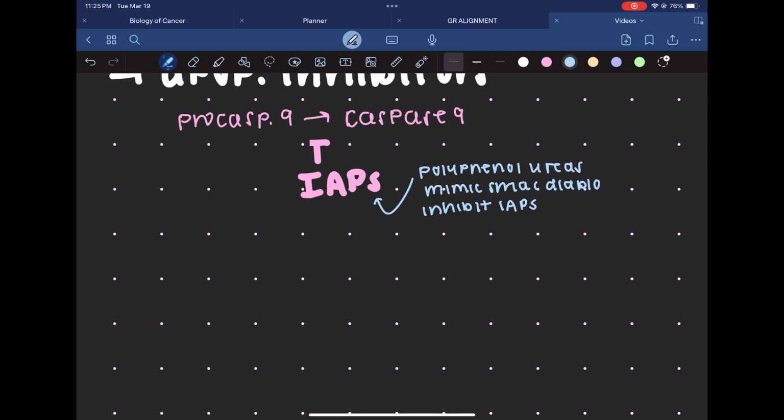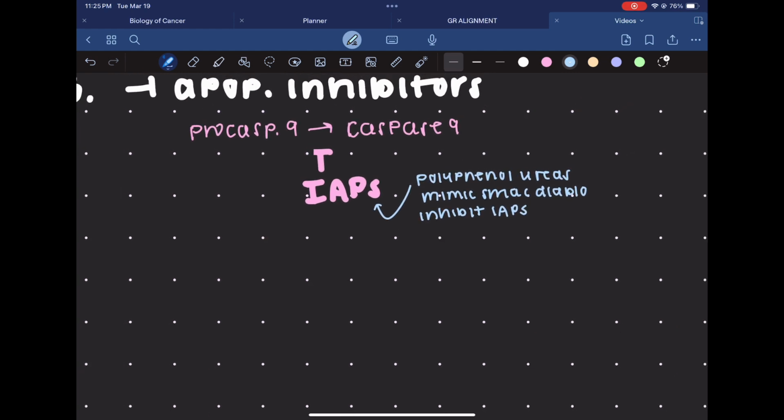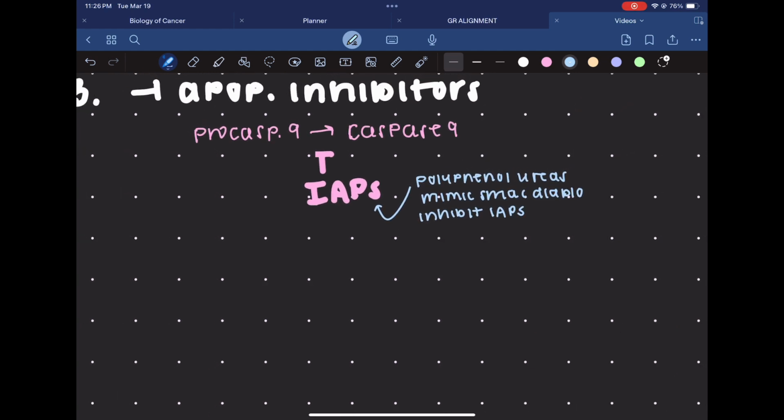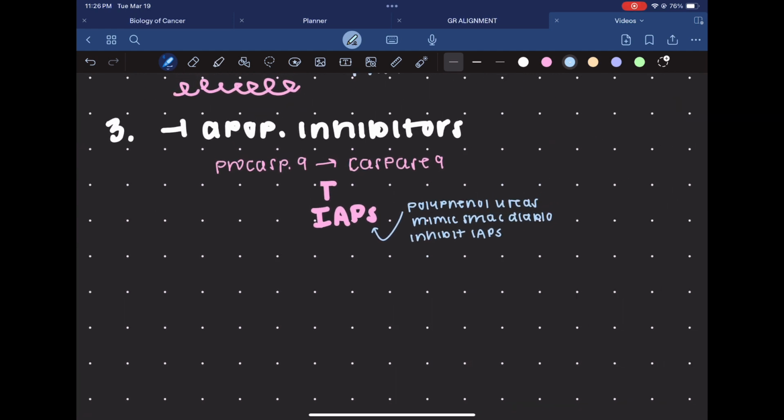So that's our example of how we can decrease our apoptosis inhibitors, these polyphenol ureas.